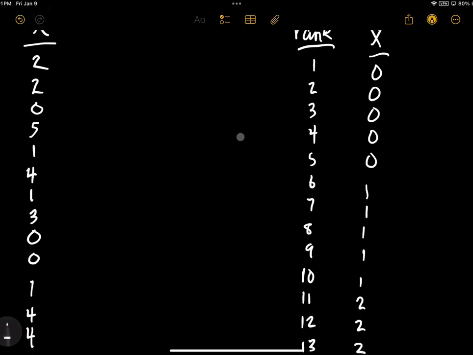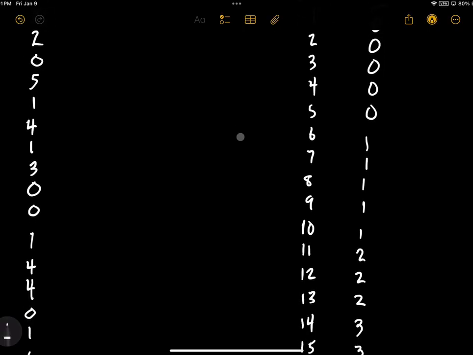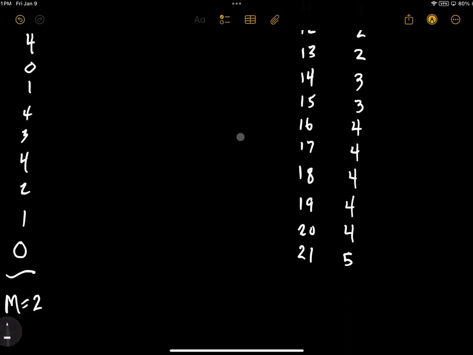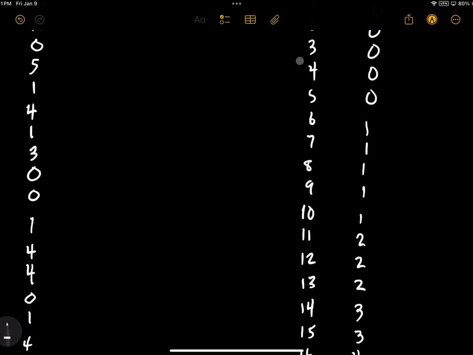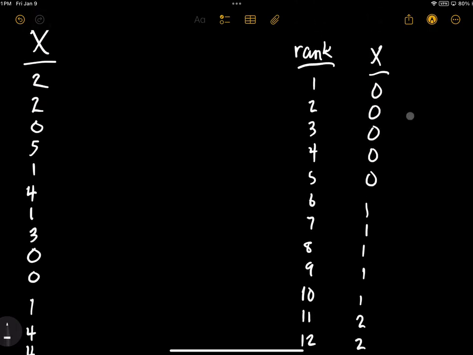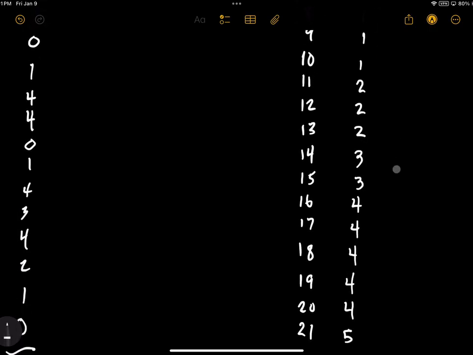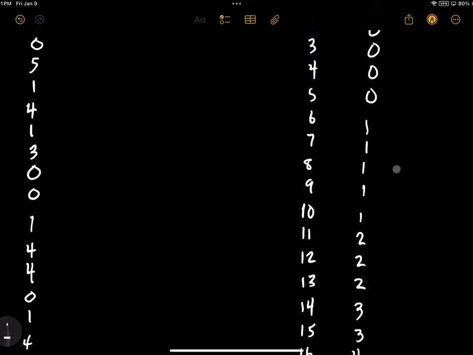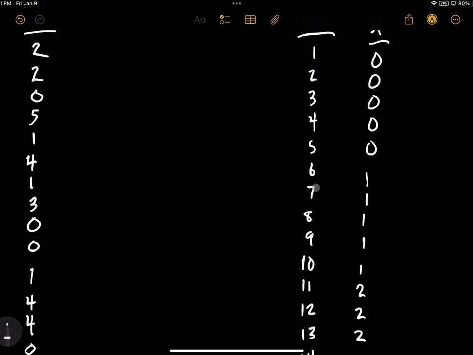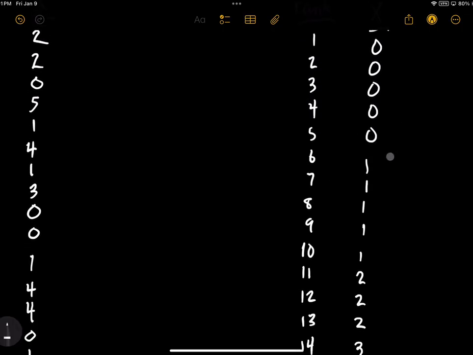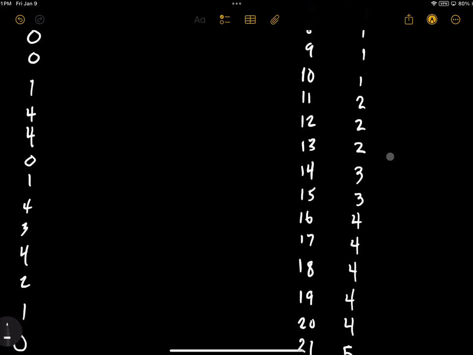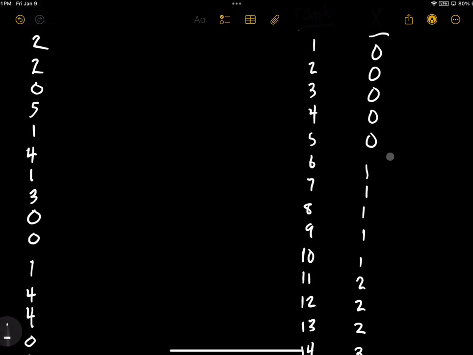Okay, so I did want to show you this. If we've got 21 scores, you can see I have put them in order from least to greatest. I know I've got 21 of them, so I just put 21 ranks here and then put them all in order from 0 up to 5, right? Now, in order to find my median, I find the middle rank.